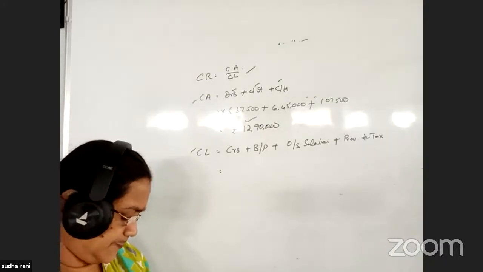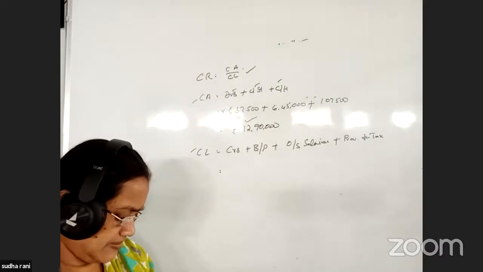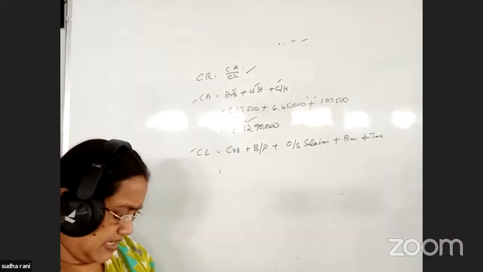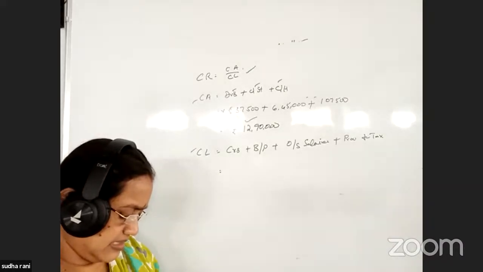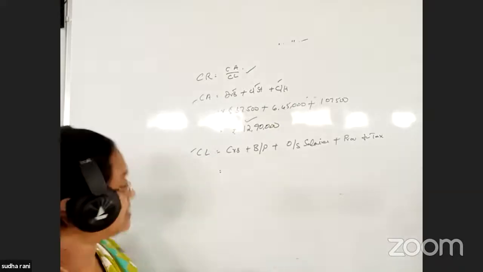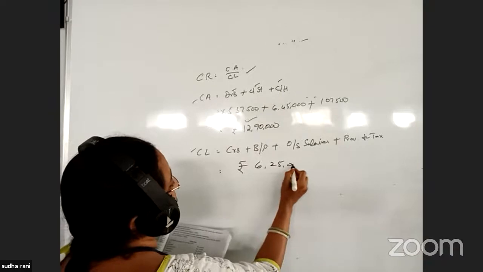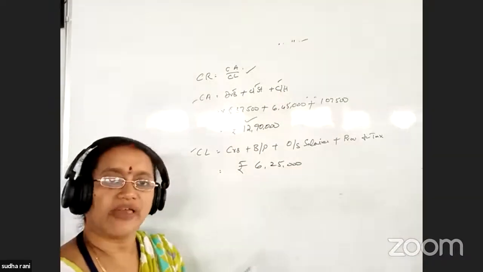Add and tell me. It comes to 6,25,000 current liabilities. Very good.